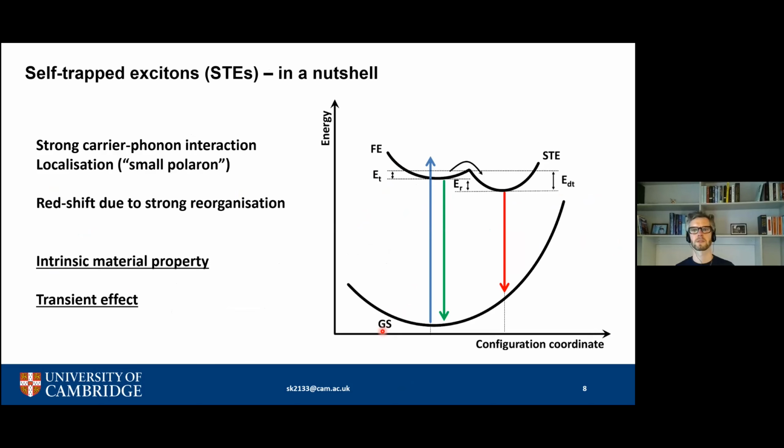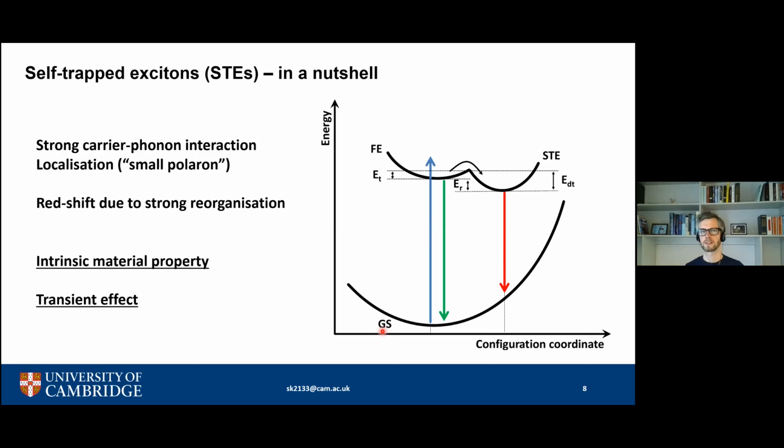Now, this might not be a concept with which all of you are familiar, so let me just explain that in a nutshell. A self-trapped exciton is more or less analogous to a small polaron. If you have an exciton that moves freely, but at the same time interacts very strongly with the lattice, it might be so strong an interaction that the lattice is deformed and leads to a collapse of the correlated electron wave functions.